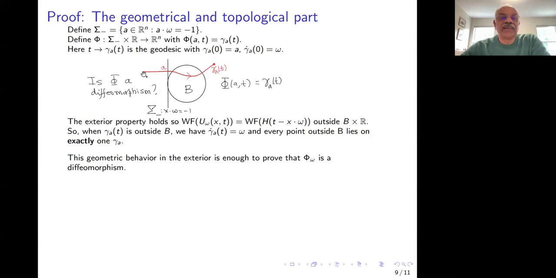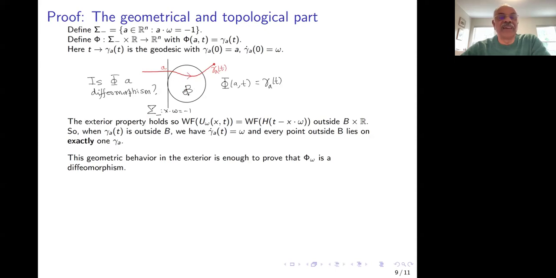These boundary normal geodesics, once they come out of B, are parallel to omega and have speed 1. And secondly, through every point outside the ball, there is one of these geodesics. So we have two pieces of geometrical information. And this is actually enough to prove that this phi sub omega that we have constructed is actually a diffeomorphism.